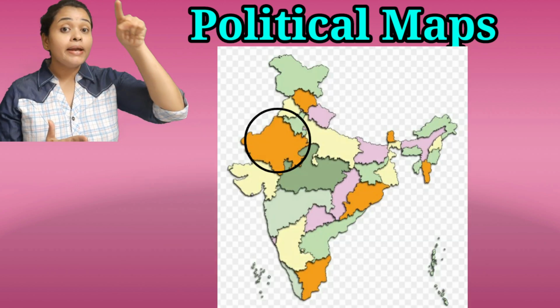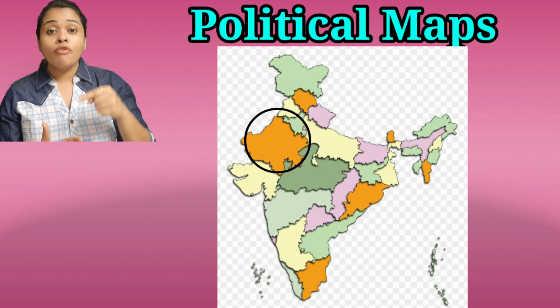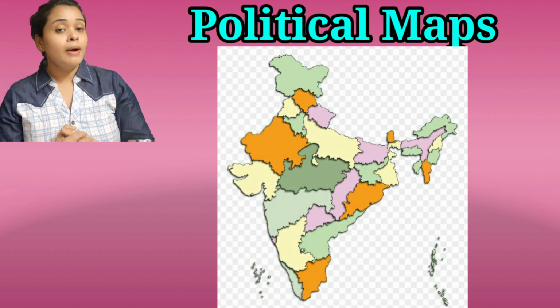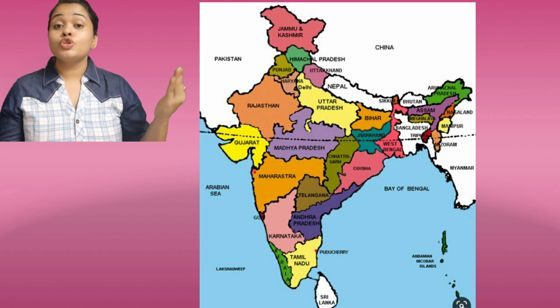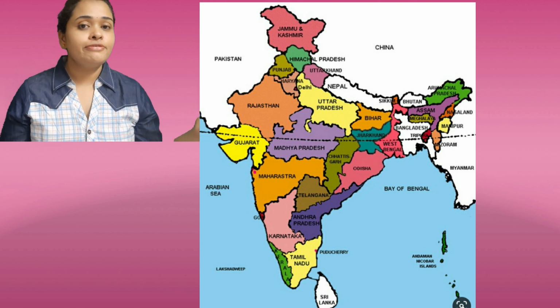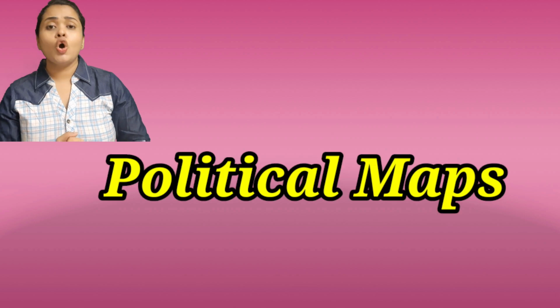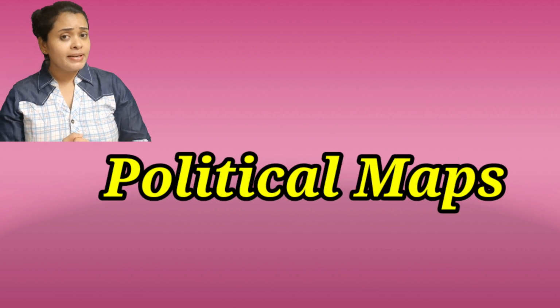It demarcates the outline of any particular place. These maps show the political divisions. Hence, we call them political maps.